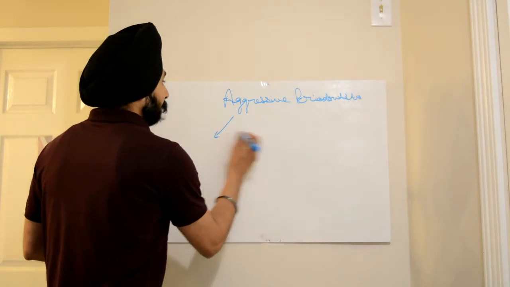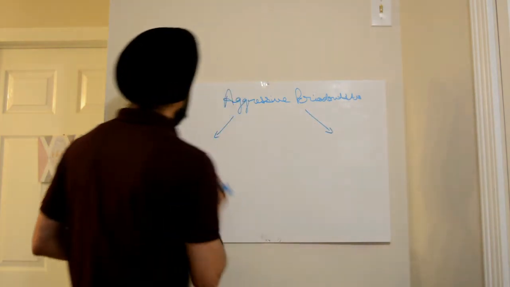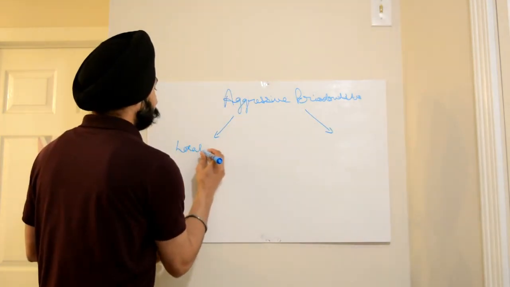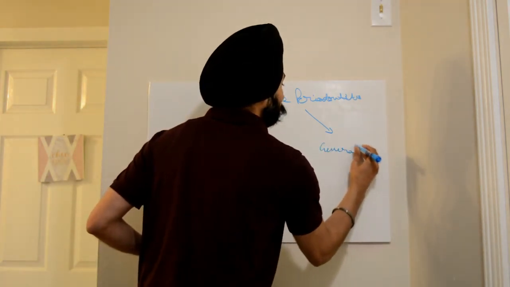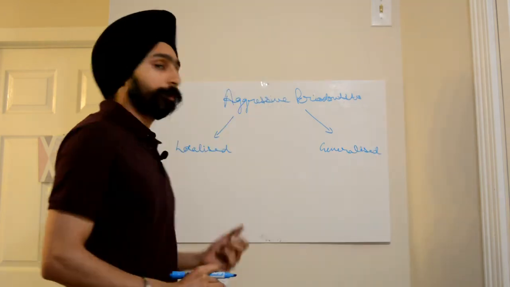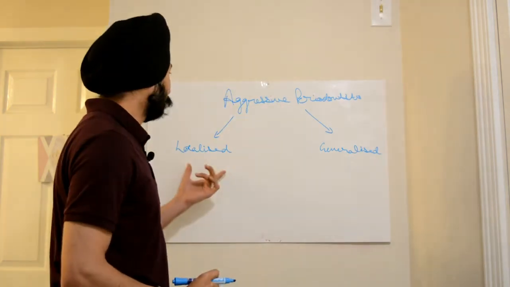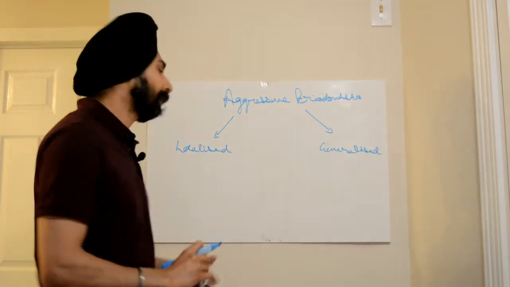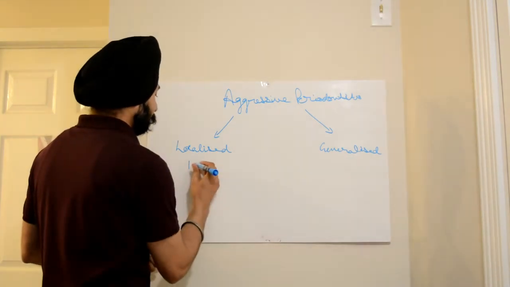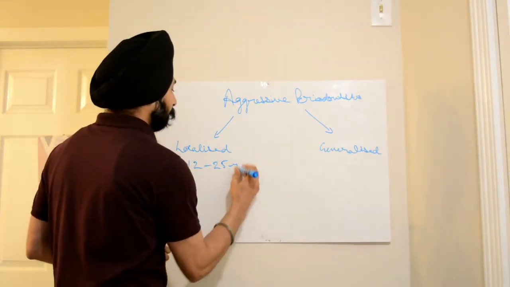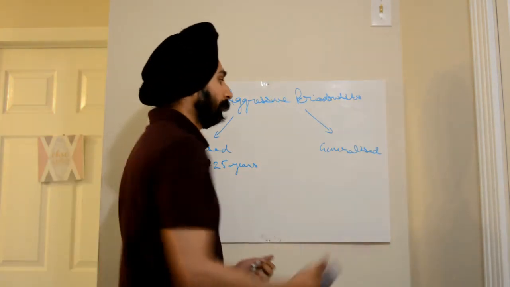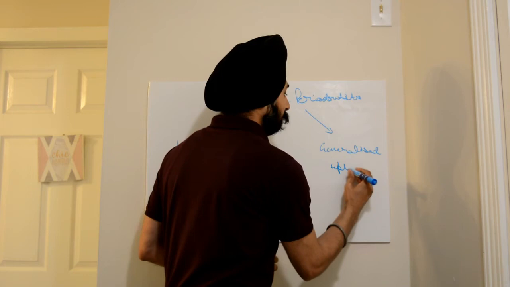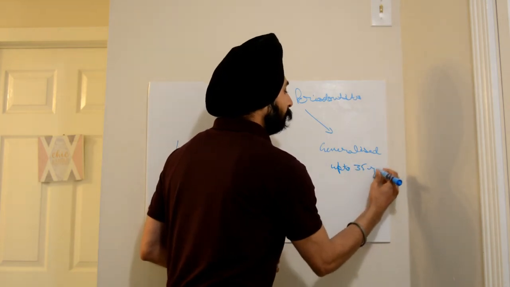It is of two types. One is localized, second is generalized. The normal age group that can have localized aggressive periodontitis is generally, let's say, 12 to 25 years of age. In the generalized, it is somewhat more, up to almost 35 years of age.